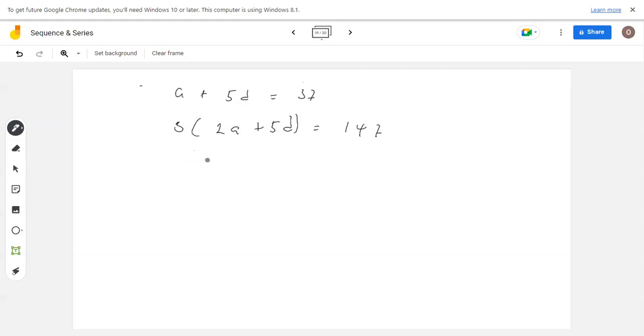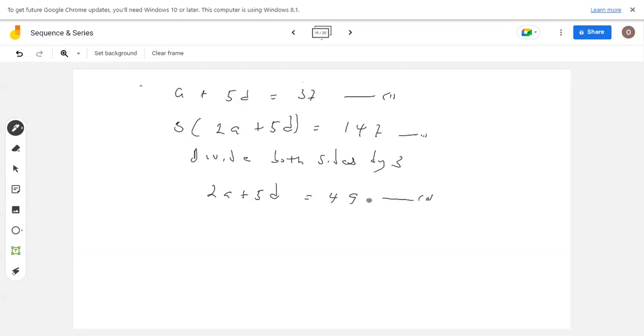If we divide both sides by 3, this is equation 1, and this is equation 2. When you divide both sides by 3, it's going to give us 2a plus 5d is equal to 49. This is equation 2.